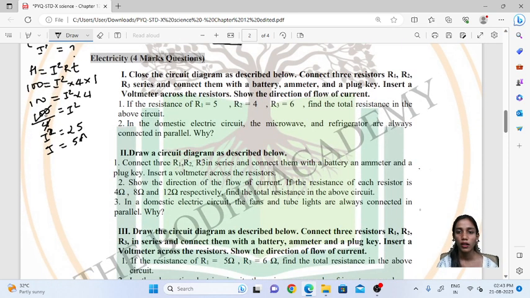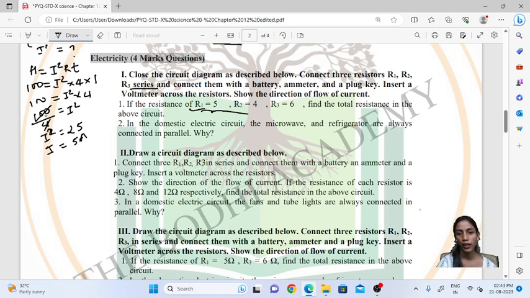Next, connect three resistors R1, R2, R3 in series. So again you have to draw the circuit diagram and solve this question. If the resistance R1 equals 5, R2 equals 4, R3 equals 6, find the total resistance in the above circuit. First of all, it is connected in series.